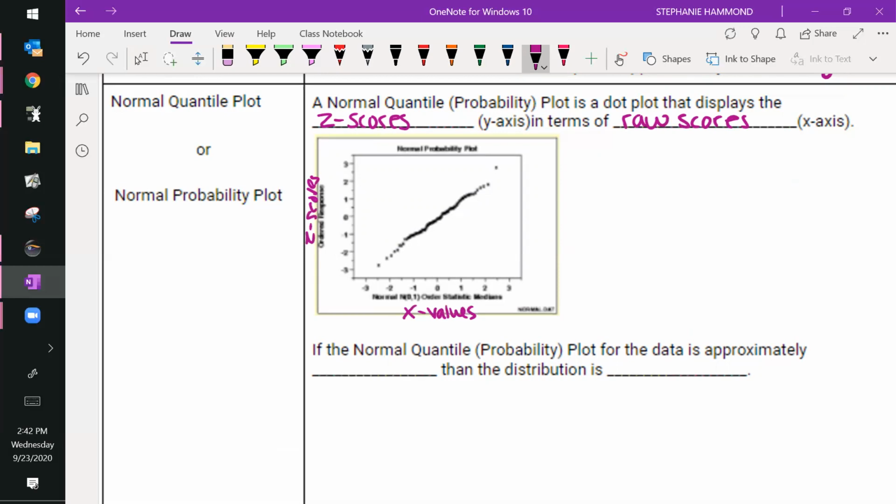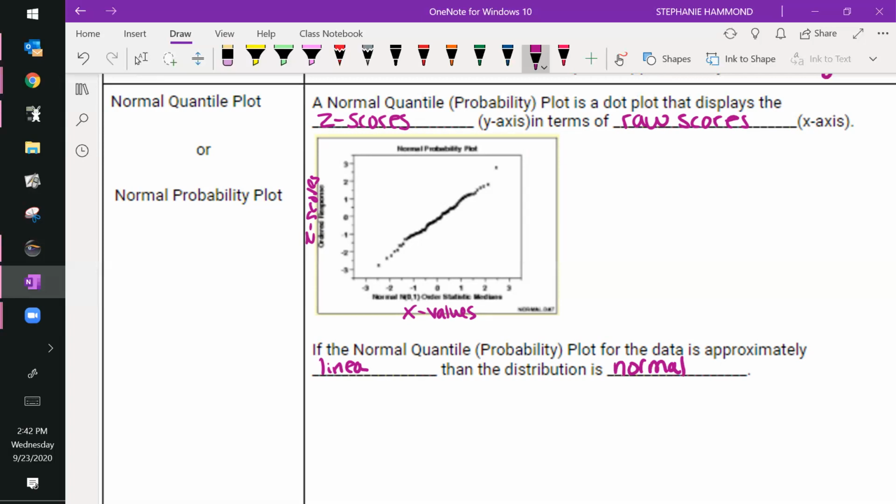And so you can see here, this normal probability plot is not bell-shaped. It's not like the curves that we've seen before. If a normal quantile or a normal probability plot for the data is approximately linear, like it is here, then the distribution is normal. The closer to a perfect line this dot plot is, the closer to a perfect normal curve. We can see there's a little bit of variation in here.